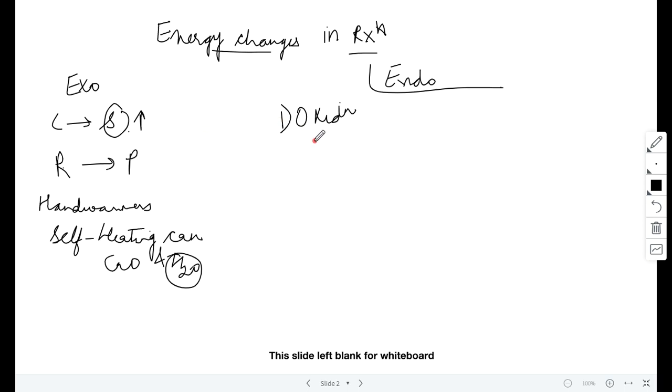Do you know the reaction of the respiration process? No. Okay, I'll tell you what happens in respiration. Respiration basically takes place in the cells of living organisms. And what happens in respiration? The glucose molecule reacts with oxygen molecule, and carbon dioxide plus water is formed.